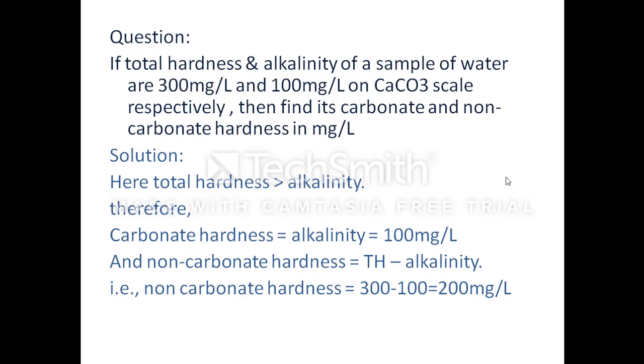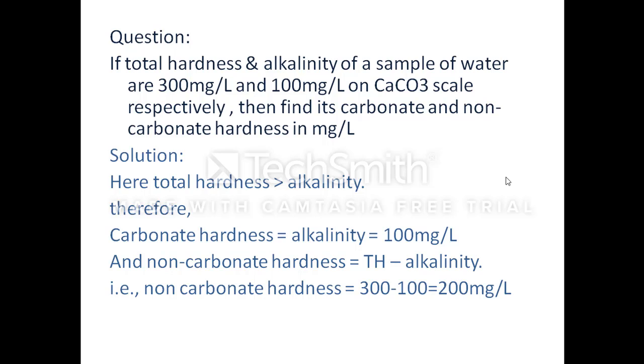Now the next question. If the total hardness and alkalinity of a sample of water are 300 mg per liter and 100 mg per liter on calcium carbonate scale respectively, then find its carbonate and non-carbonate hardness in mg per liter. Here the total hardness is greater than alkalinity.